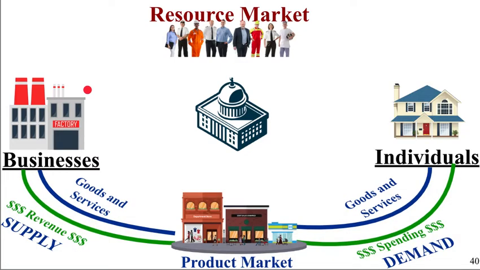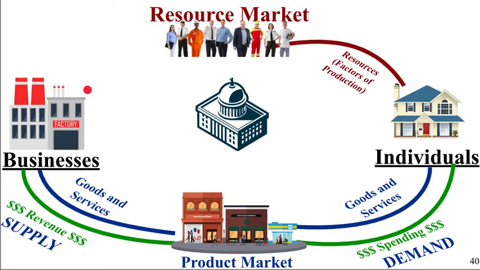The goods and services are being supplied by the businesses because the demand on the bottom right of this graphic is brought on by the individuals. They demand donuts, and they should. So the supply of donuts is given by the businesses, and this works through the product market.